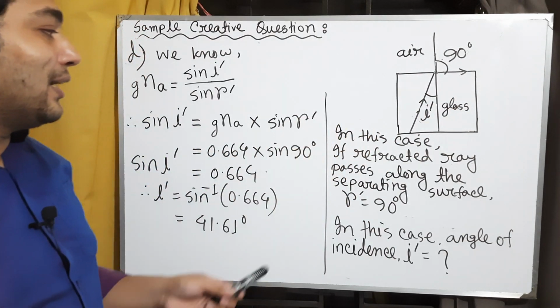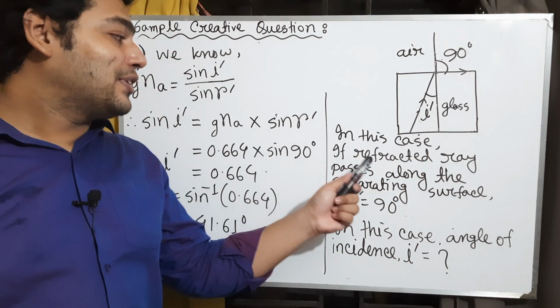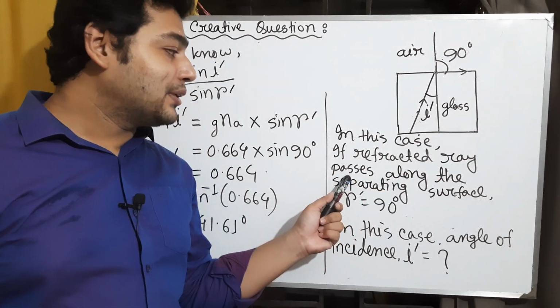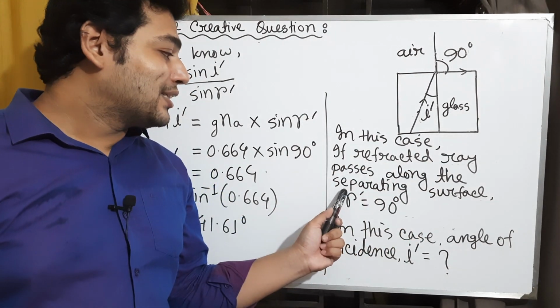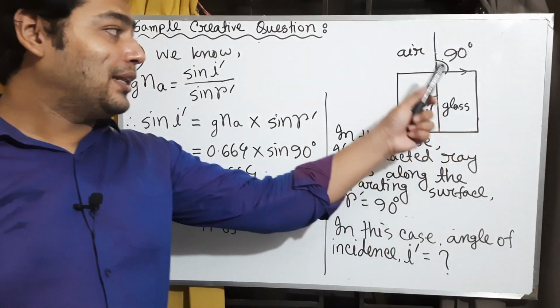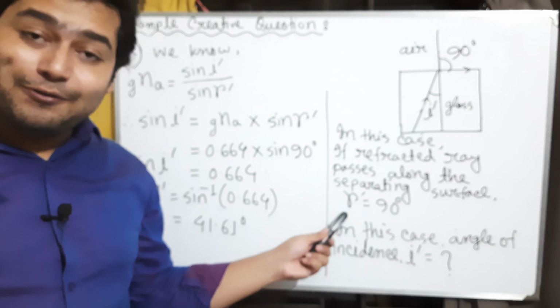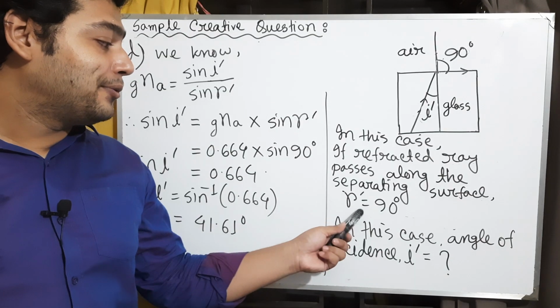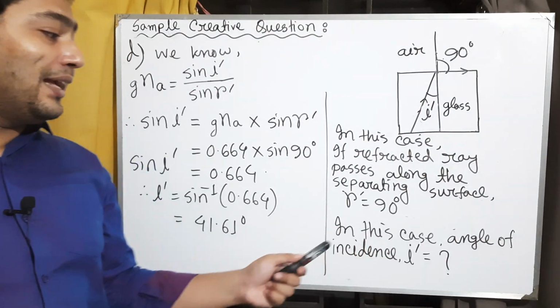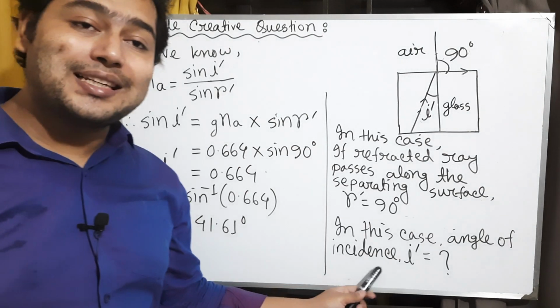So here in this case, if the refracted ray passes along the separating surface, then the new refracted angle R prime equals 90 degrees, and in this case what is the angle of incidence I prime?